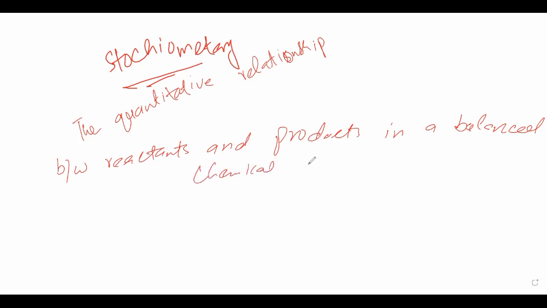You must have a balanced chemical equation. Then, if you know the moles of one reactant, you find the moles of the other reactant, or you find from the moles of reactants the moles of products, by the ratio method, which you have already studied. So these things are very important.